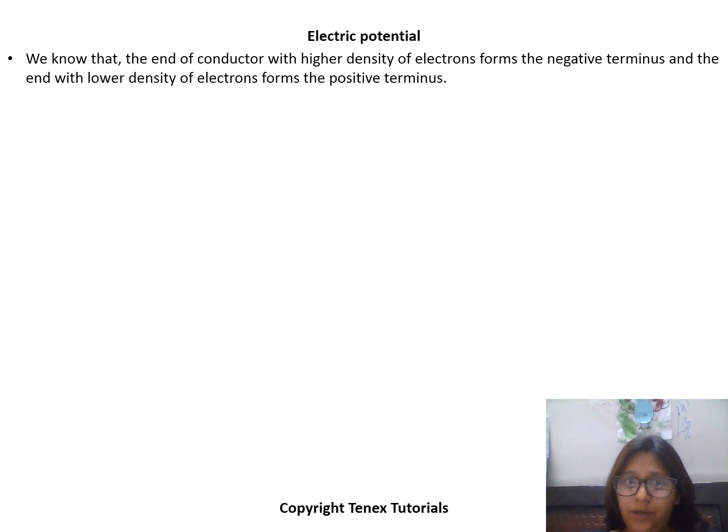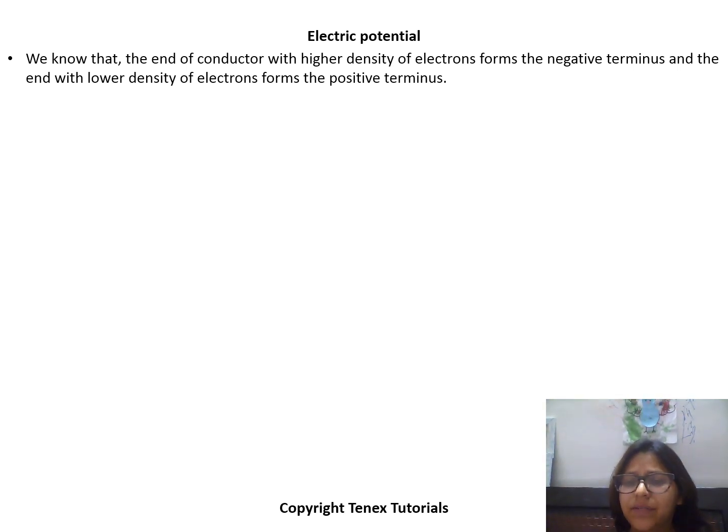Okay, guys, so let's discuss the concept of electric potential. We know that the end of a conductor with the higher density or higher concentration of electrons forms the negative terminus, and the end which has lower density or lower concentration of electrons is referred to as the positive terminus.